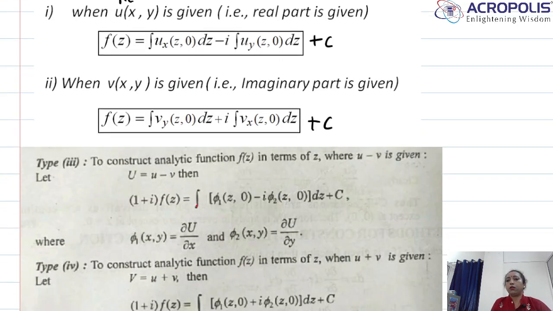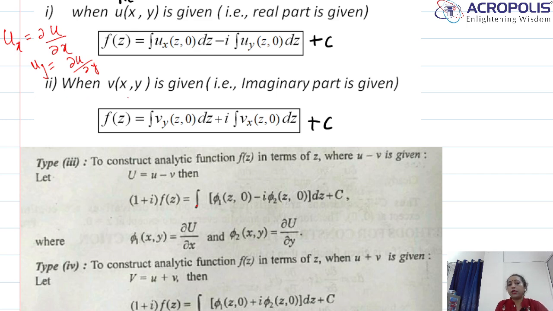Here the value of ux is equal to del u by del x, and the value of uy is equal to del u upon del y, right? And here I have evaluated the value at the point x equal to z and y equal to 0.